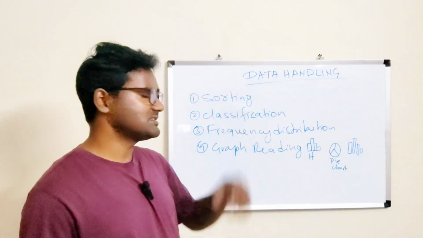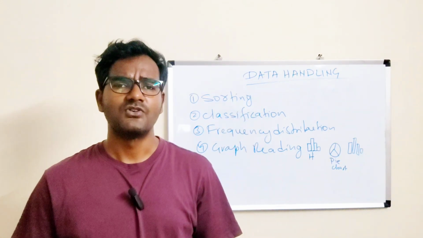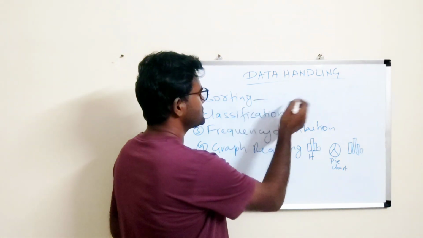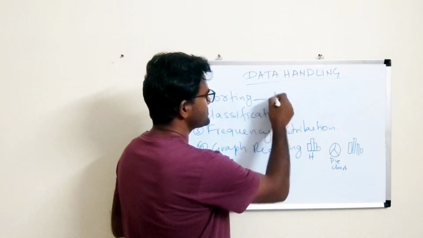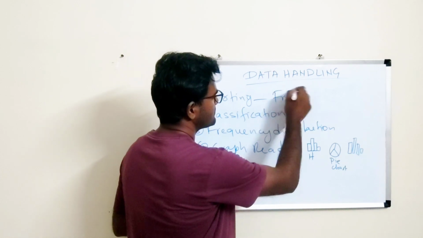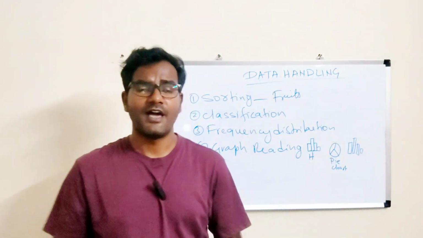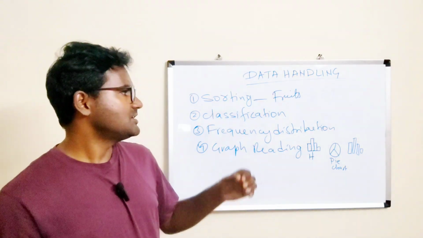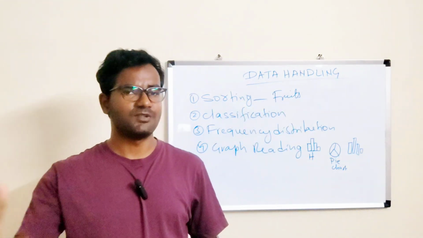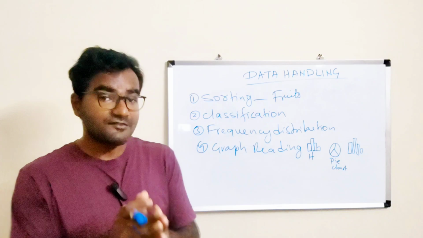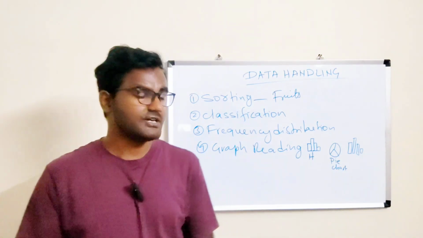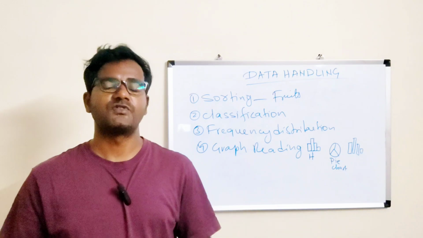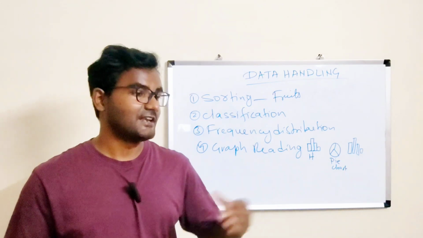Now sorting. What is sorting? Sorting means differentiating. Suppose I have a basket of fruits, and I want to sort them into citrus fruits and normal fruits. Differentiation is called sorting. Citrus fruits are like lemon.